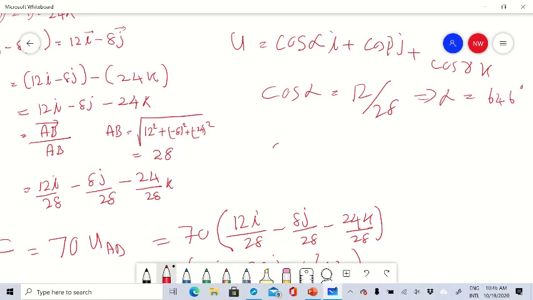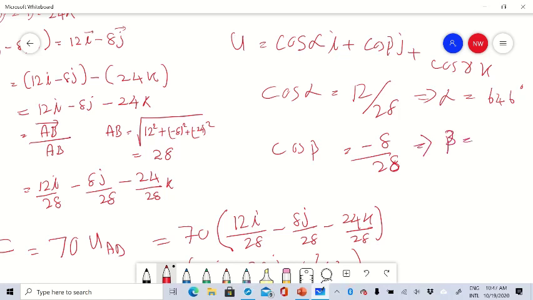Then cos beta is equal to minus 8 over 28, so beta is 107 degrees.